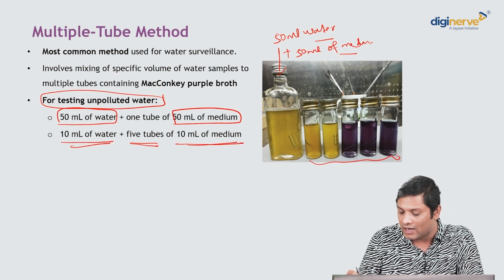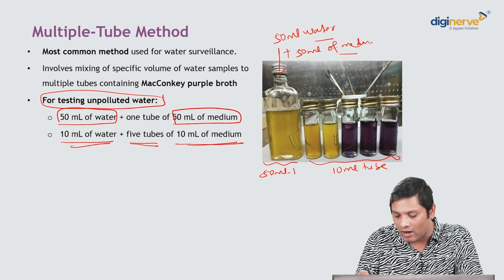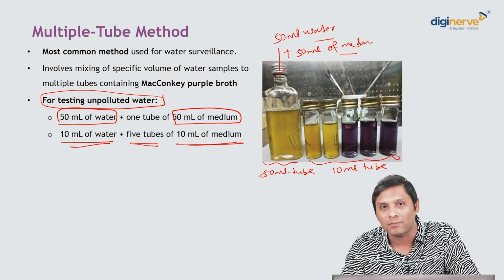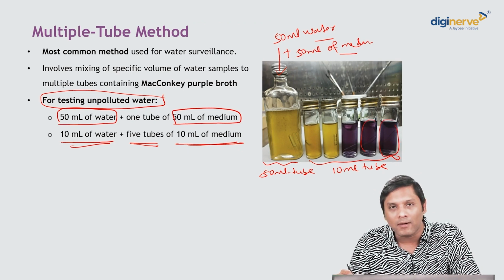So all these are the 10 ml tubes. This is a 50 ml container. All of these will have McCrady purple broth, and McCrady purple broth appears purple in color.